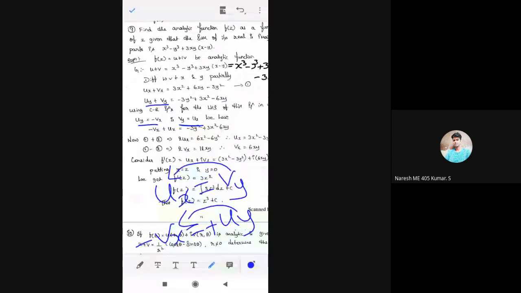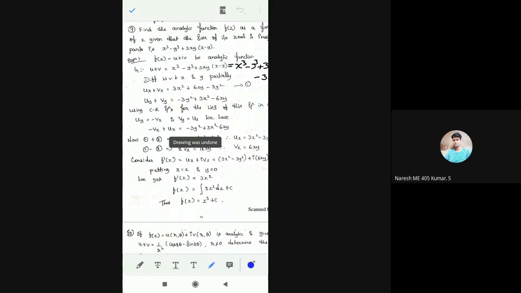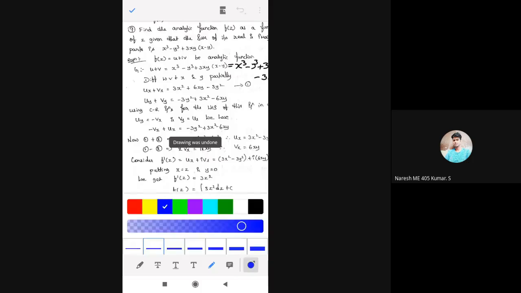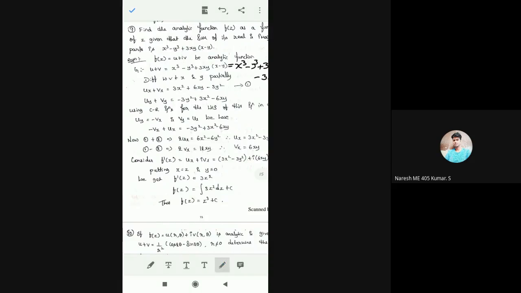So when you replace these two values in the above equation, it will give minus vx plus ux is equal to minus 3y square plus 3x square minus 6xy. Now this equation will be represented by 2. So this is equation number 2.